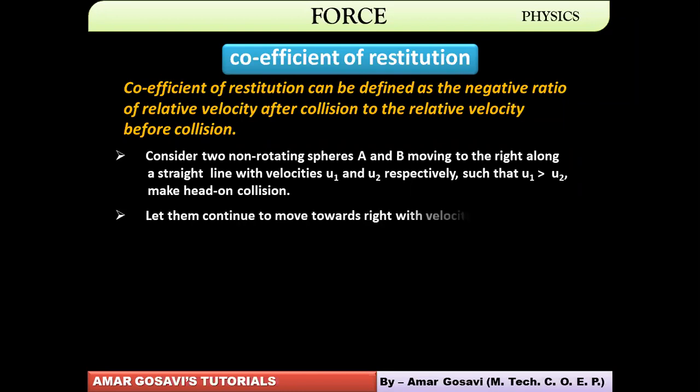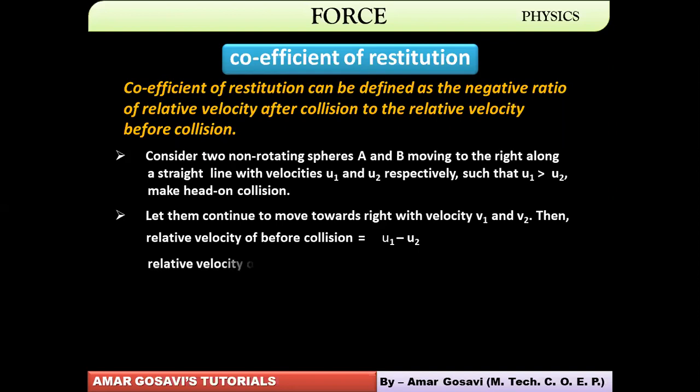After collision, they move with final velocities towards the right, v1 and v2. In this scenario, relative velocity before collision was u1 minus u2, and relative velocity after collision was v1 minus v2.